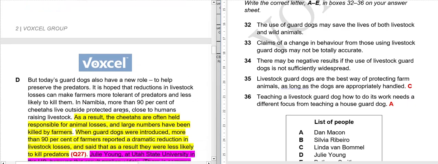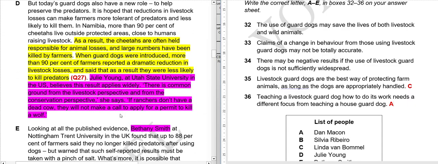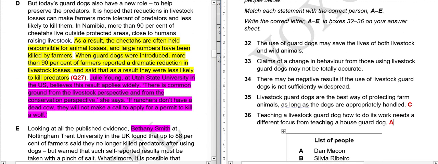Okay, moving forward, let's see. Julie Young, is there Julie Young? Yes, Julie Young is also there. So what Julie Young is saying, in US believes that this result applies. There is common ground from the livestock perspective and from the conservation perspective.